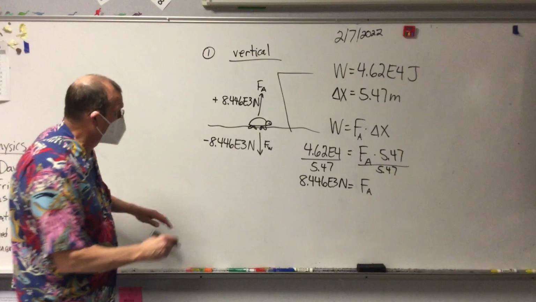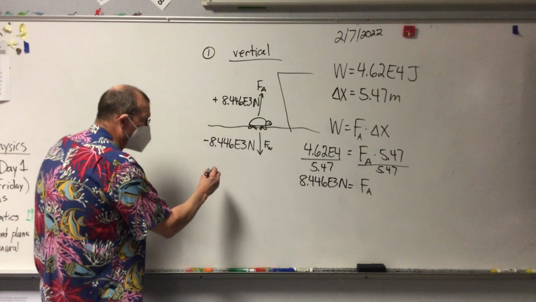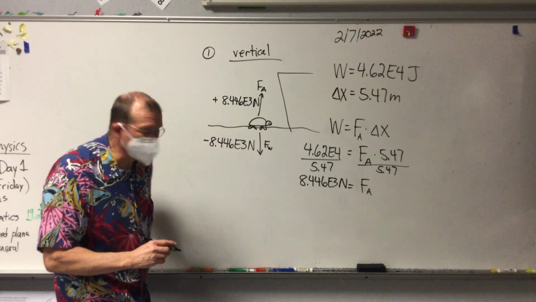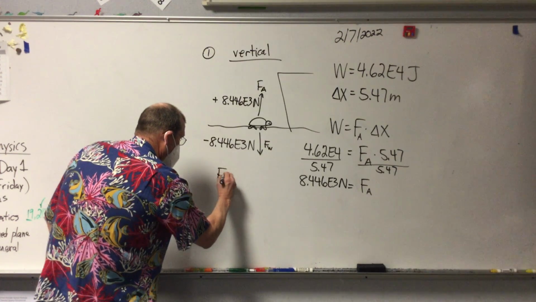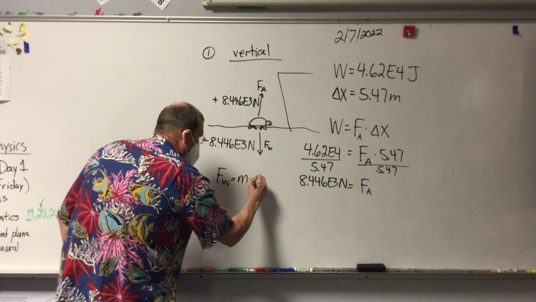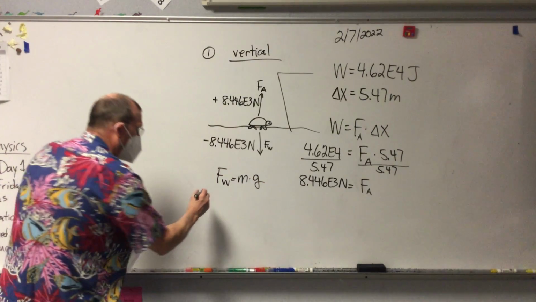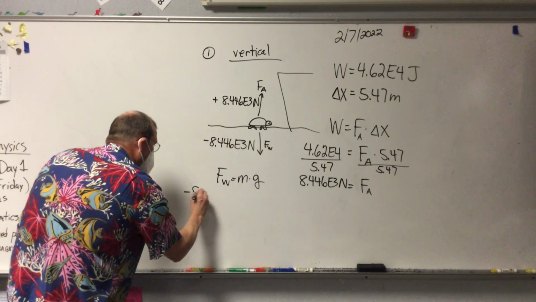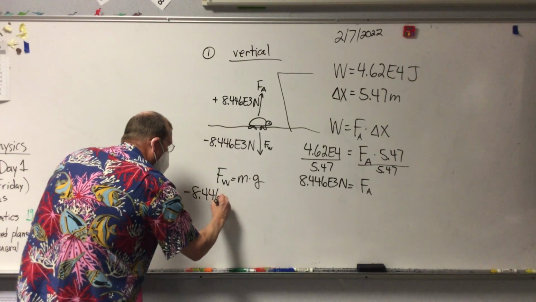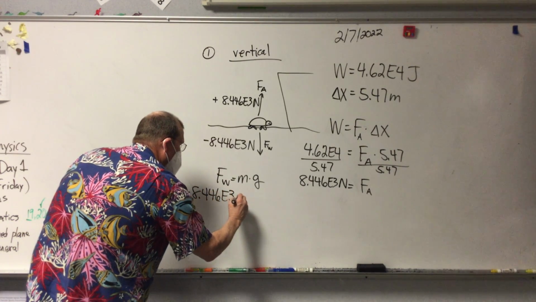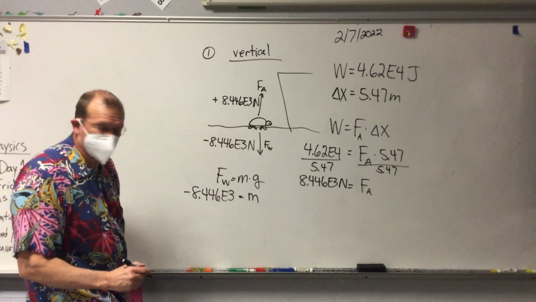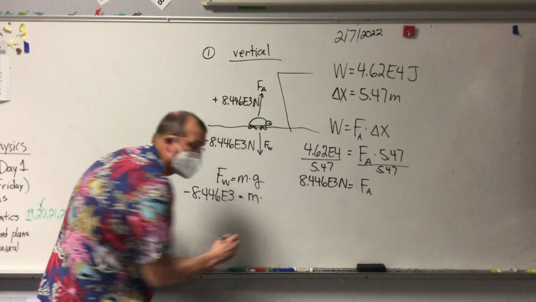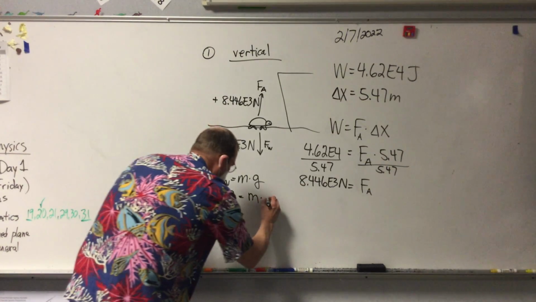Now, when we go to what is the exact mass, what equation are we going to bring into play? m times g. And so our FW, we don't know what the mass is, and what does the g become? 9.8. Technically, negative 9.8. Okay.